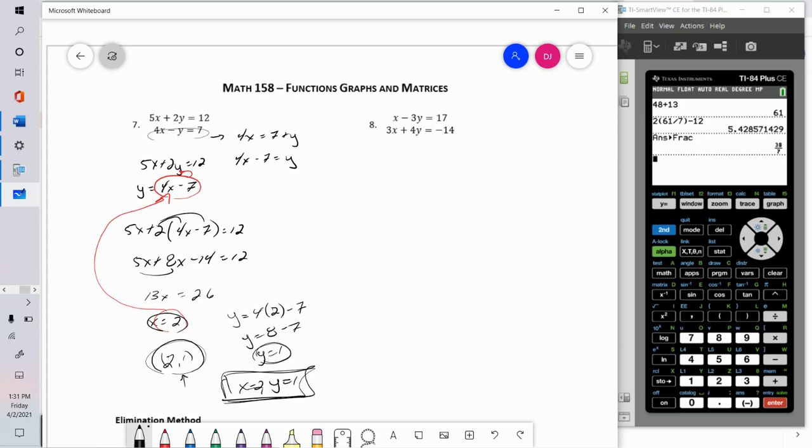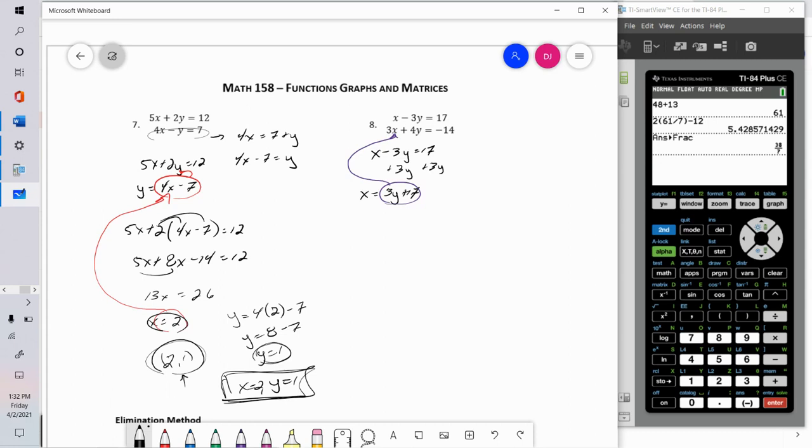So number 8, try it. Pause the video, try number 8 on your own, see how you do. What we do for number 8 is I would take the x minus 3y equals 17, and I would add 3y to both sides. So x is equal to 3y plus 17. Then I'm going to take that value of x and substitute it into the other equation.